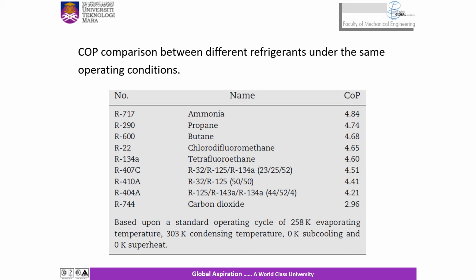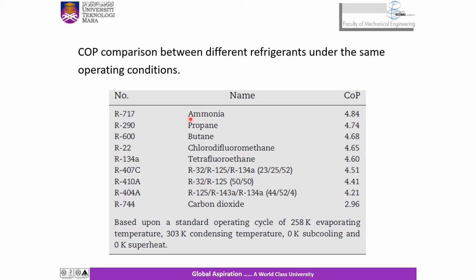Now, as you can see in this table, the COP comparison between different refrigerants under the same operating conditions, we notice that ammonia has the highest COP, but we can't use ammonia in domestic applications because ammonia is very toxic. In case of any leakage, this can cause a lot of harm to human beings.